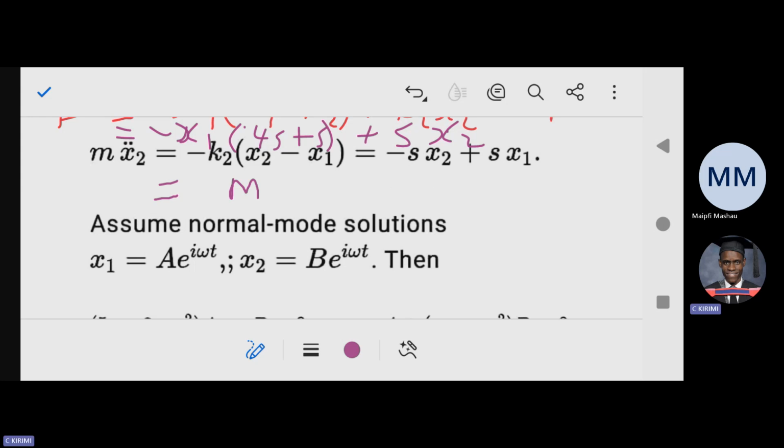Remember, we are saying the force on this block, for it to be balanced, there is a force going downwards for the mass of the block. Therefore, the restoring force will go upwards. So the force going downwards is a negative force, negative K2 multiplied by x2.